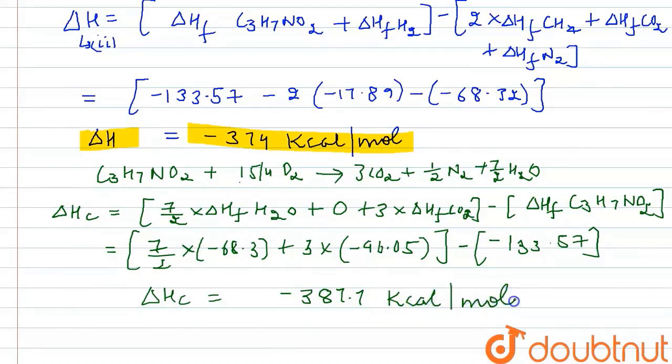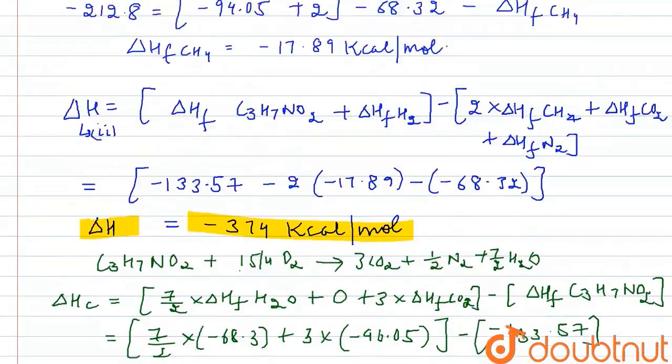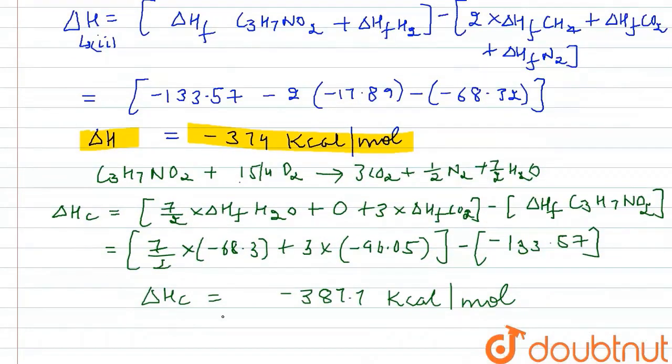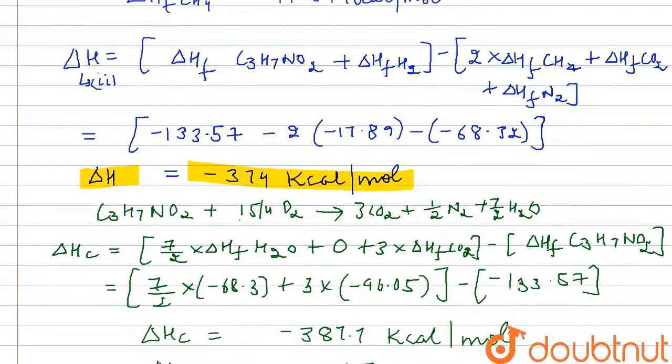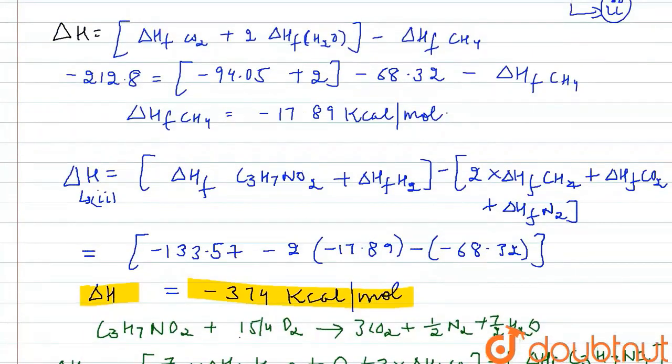We have to calculate delta U, that is the change in internal energy. So what is the change in internal energy? We know that delta H is equal to delta U plus delta n g RT. So from here we are going to calculate delta U. Delta U will become delta H minus delta n g RT. So we will get here minus 387.7 minus the change in the number of moles, that is the gaseous products minus the gaseous reactants.